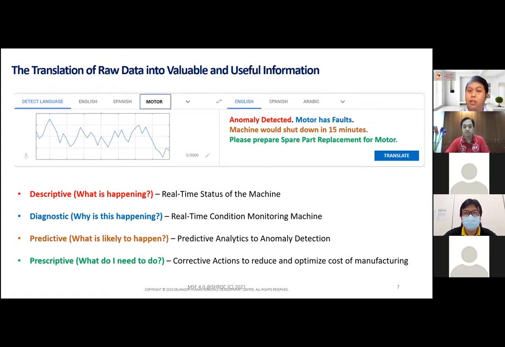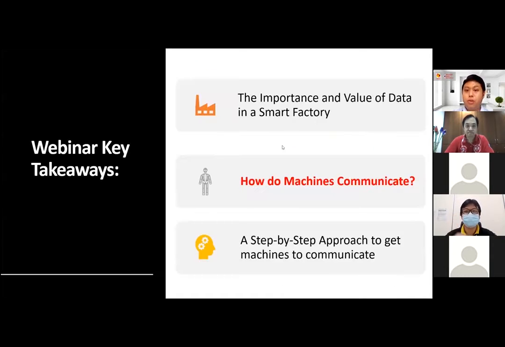Motor has some problems, right? What is likely to happen next? The machine will shut down in 15 minutes. So prescriptive will be, what do I need to do in this time? So the machine will tell you, please prepare spare part replacement, right? So this is how you get machines to talk to you in a language that you understand, right? And therefore you are able to see what to do next and how to improve your production processes.